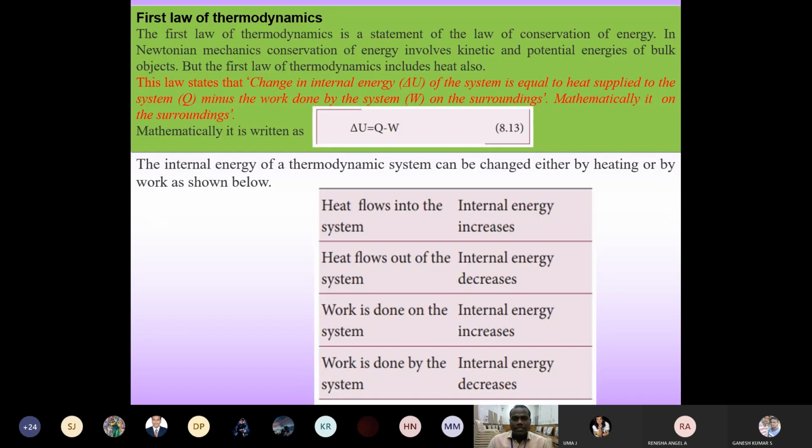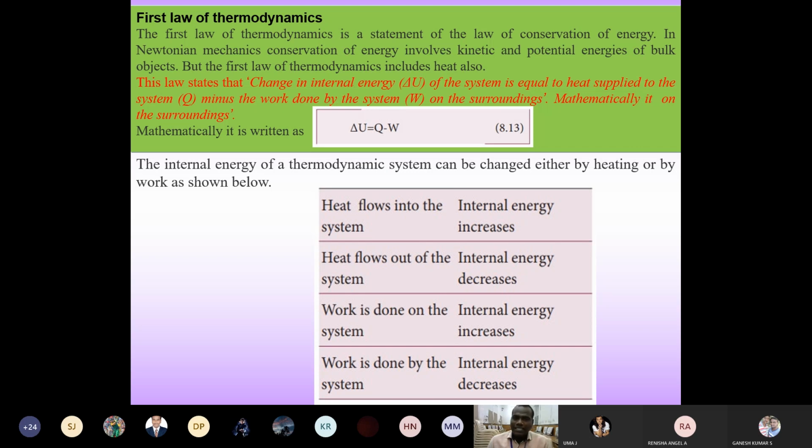We can move to the next law, the first law of thermodynamics. The first law of thermodynamics is a statement of the law of conservation of energy. In Newton's mechanics, conservation of energy involves kinetic and potential energy of bulk objects.